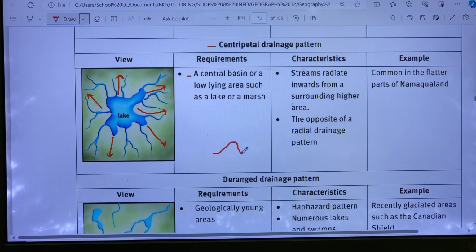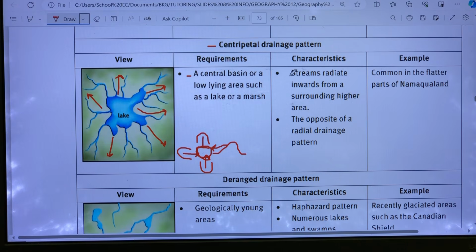We have a hill this way, a hill this way, and a hill this way, up-lying areas. Water will move inwards from each of these up-lying areas to form a lake inwards. I hope you understand, guys.